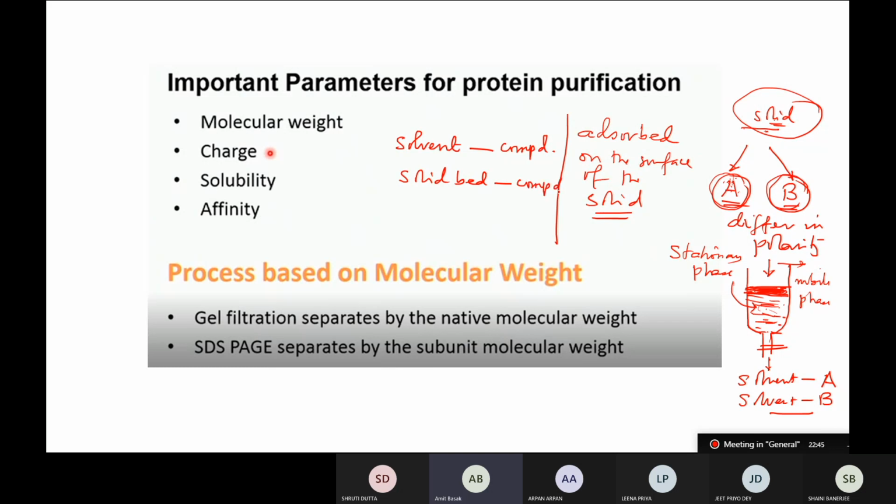Since there are two compounds, A and B, the interaction of the solvent with A will be different than the interaction of the solvent with B. Also the interaction of the solid bed with compound A and with compound B will be different. That results in differential migration of A and B.